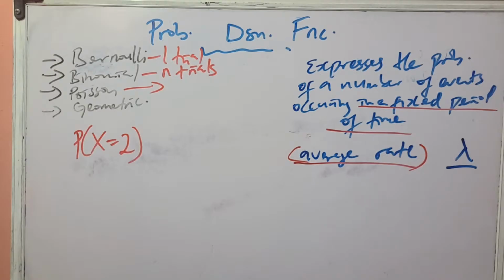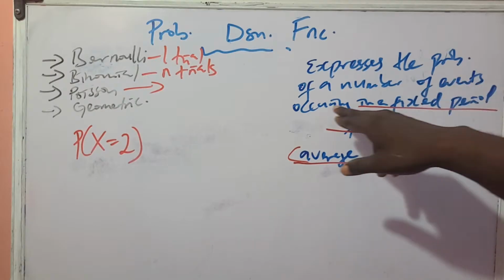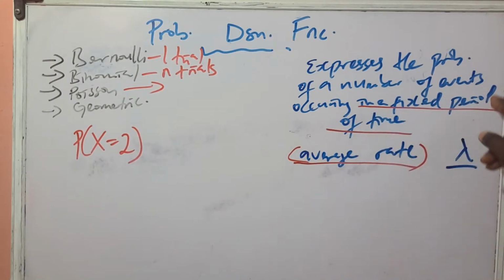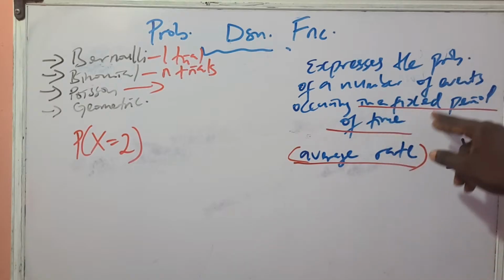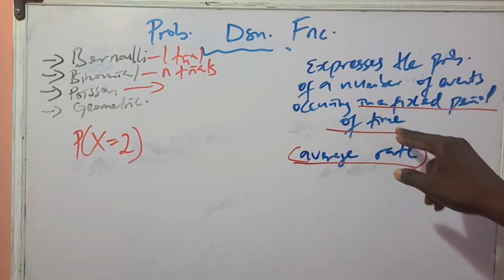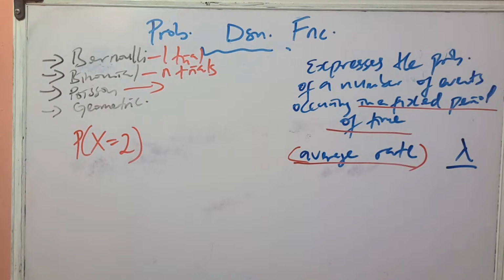Once you see questions like that, having to do with a number of events occurring in a fixed period of time, I told you already that even though this is a good definition, this could also be mirrored to distance, area, volume. It doesn't have to always be time. So look at the question now. 1 nanogram of plutonium will have an average of 2.3 radioactive decays per second.